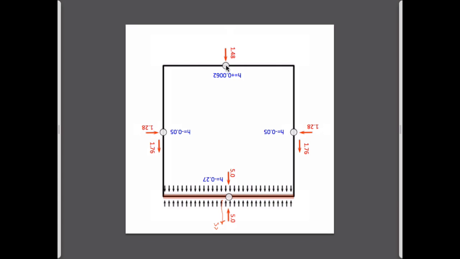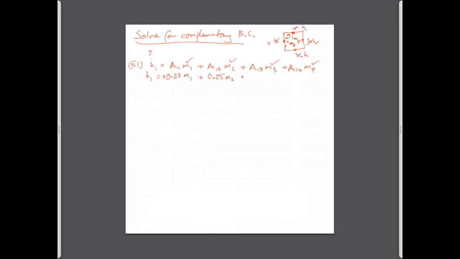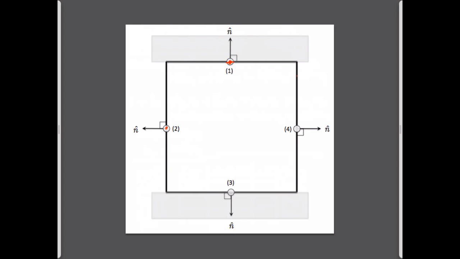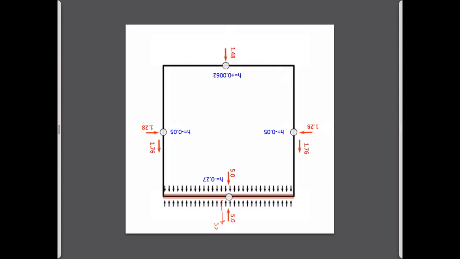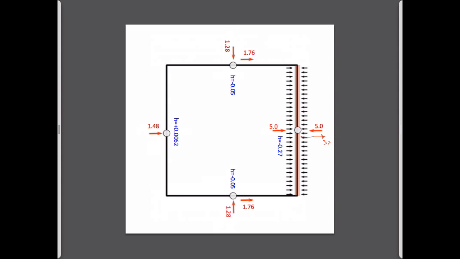Its influence on 1 is going to be 0.0062 times M3. And finally, we're going to put a source on this side here and find out what its influence is there. And that's going to be 0.05. Right? This influencing this point here.